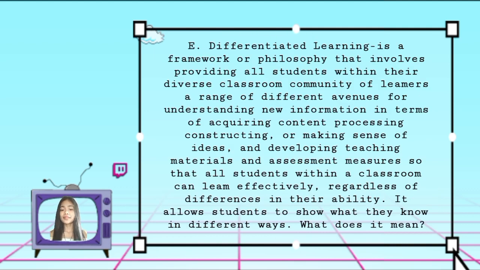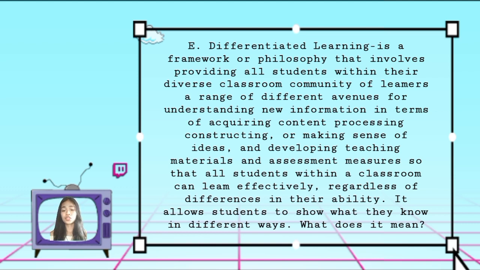Now, what is differentiated learning? Differentiated learning is also known as differentiated instruction. It involves tailoring teaching methods, materials, and assessments to accommodate the diverse learning needs, interests, and abilities of students within a single classroom.